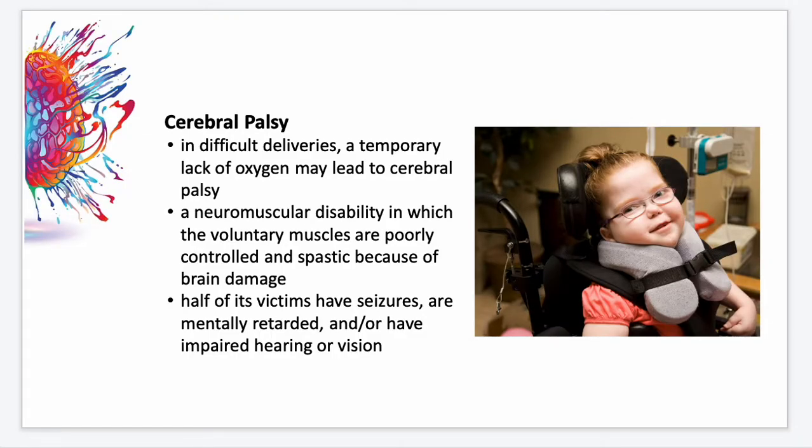Then, homeostatic imbalance. First is your cerebral palsy. In difficult deliveries, nagkakaroon ng temporary lack of oxygen, dahil may nahihirapan ipanganak ang baby. So nagkakaroon ng neuromuscular disability in which the voluntary muscles are poorly controlled and spastic because of the brain damage. Half of these victims have seizures, are mentally retarded, and have impaired hearing or vision.